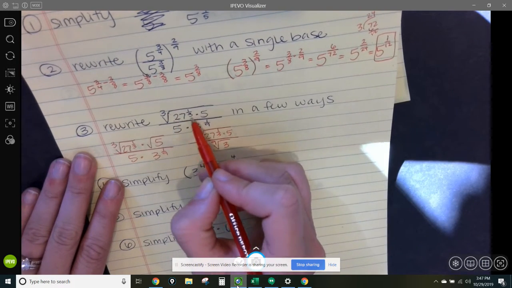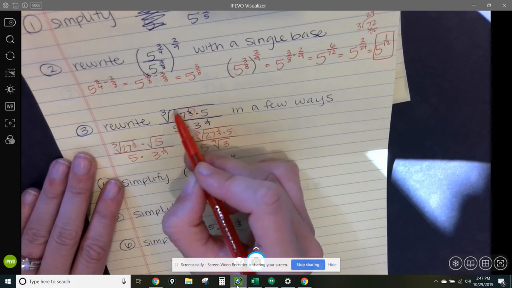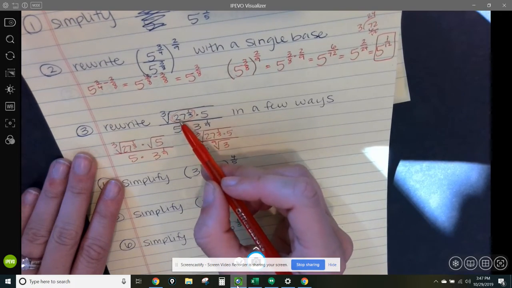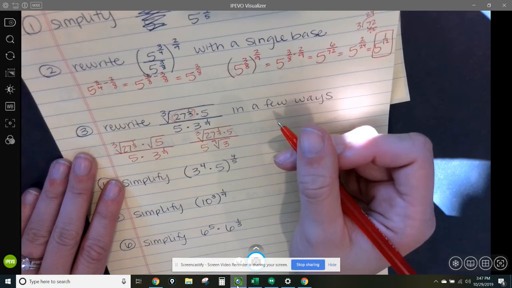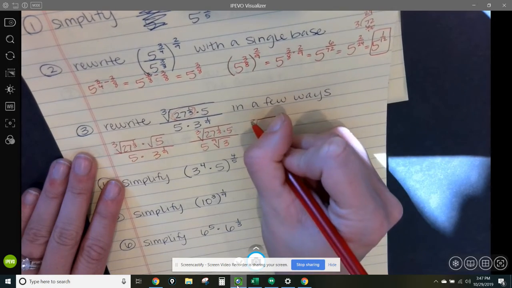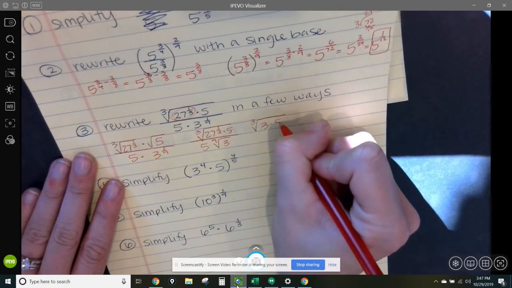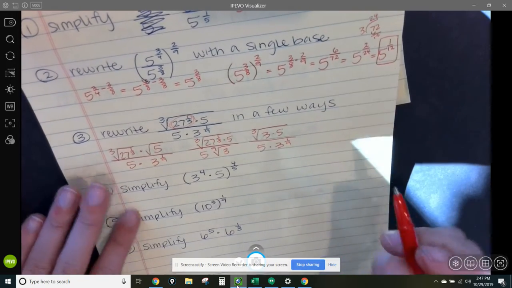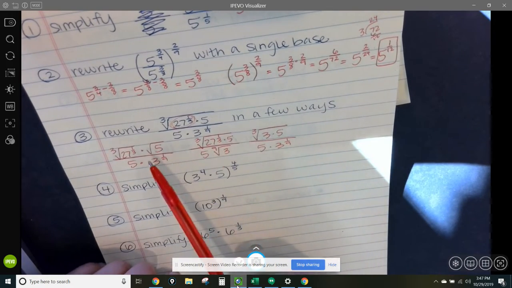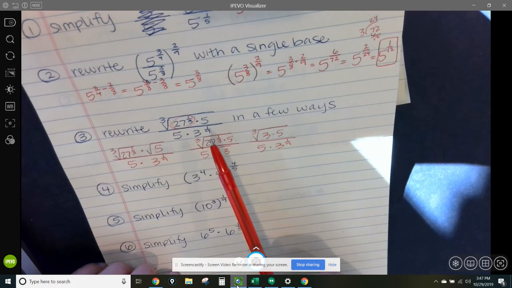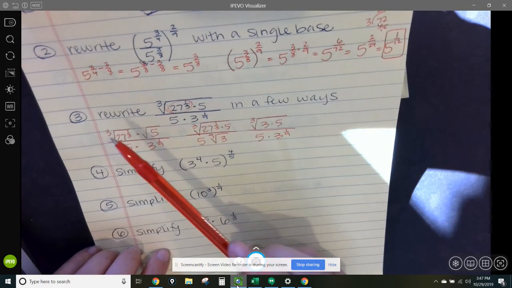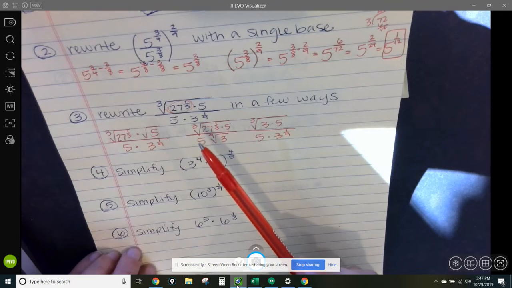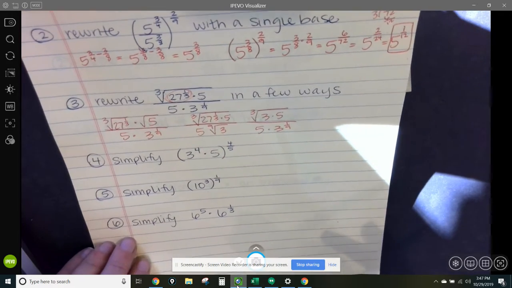You could take this 27 to the 1/3 and recognize that that's the same as the cube root of 27, which is 3. So you could rewrite all of this as the cube root of 3 times 5 over 5 to the 3 to the 1/9. So there's a lot of things you can do with these problems. I'm just trying to give you a couple ideas because number 3 is a select all that apply. They give you a bunch of choices and they say which ones are the same. So that's how you do that problem.